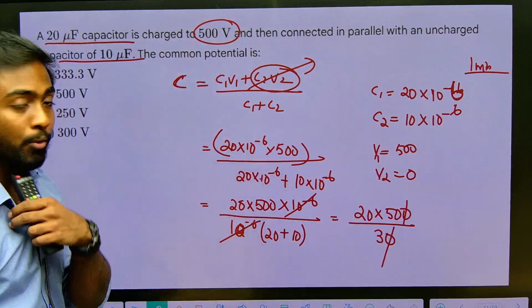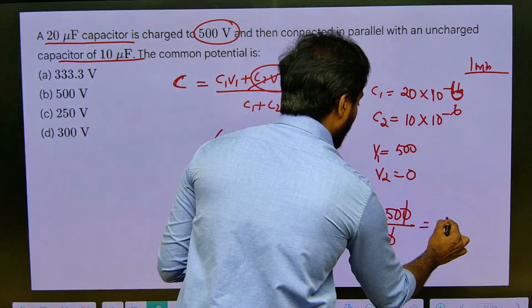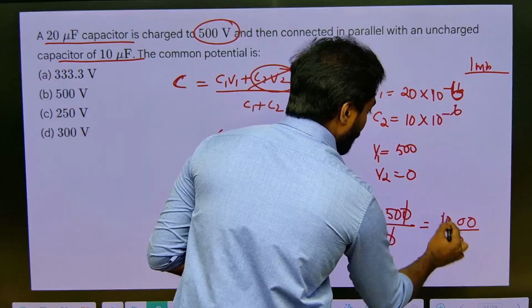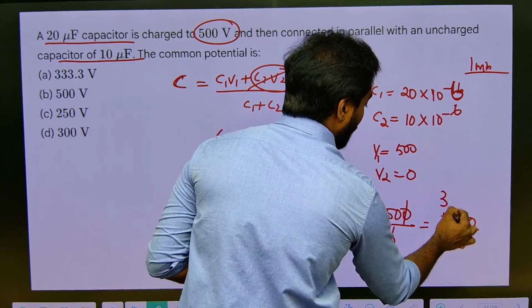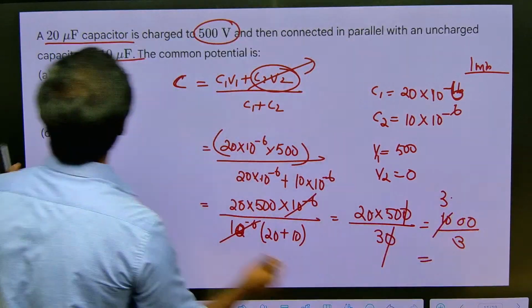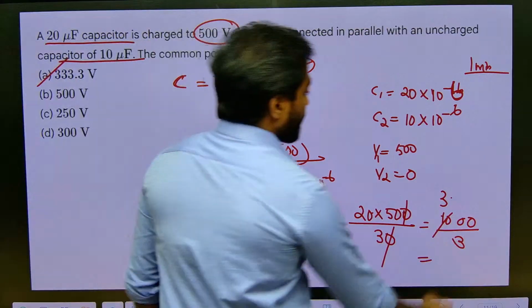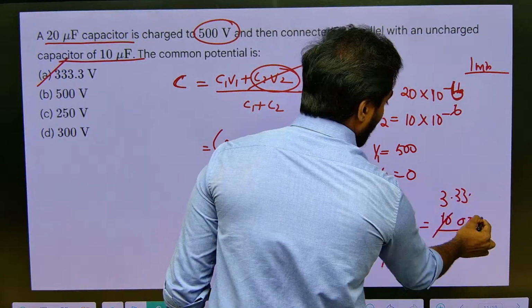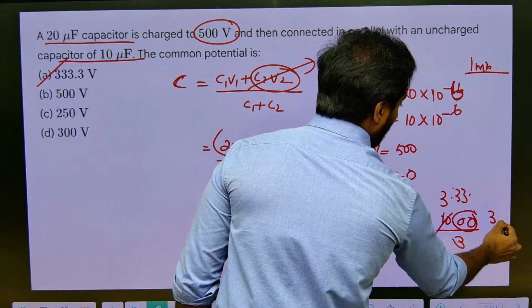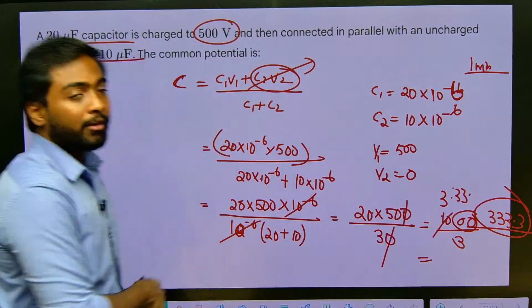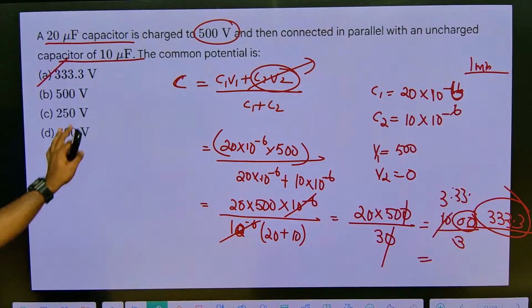So 20 into 50, so 2 into 5 is 10 and remaining 2 zeros, divide by 3. So what is the answer? 333.33, it goes on. So 3.333 with 2 zeros remaining here. So 333.3 is the answer for this question.